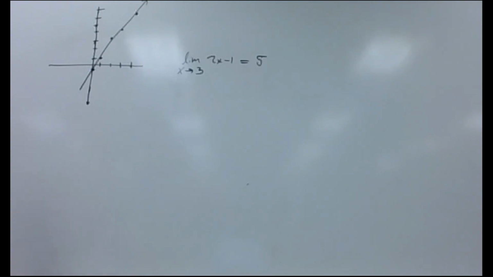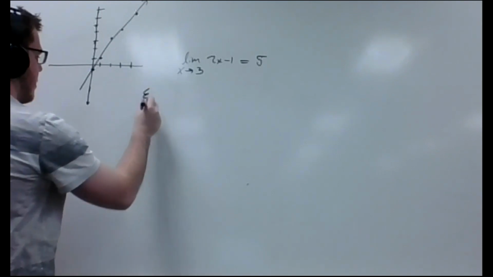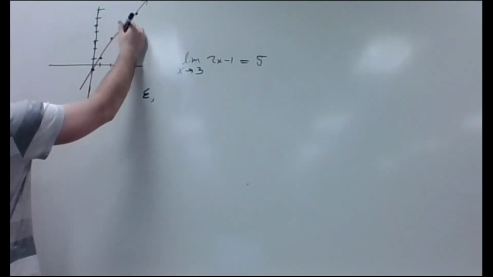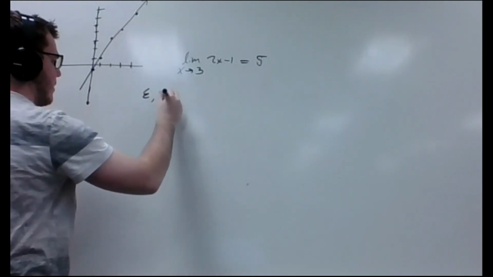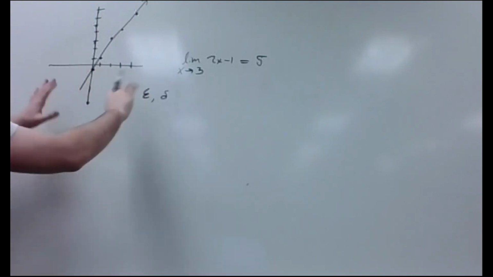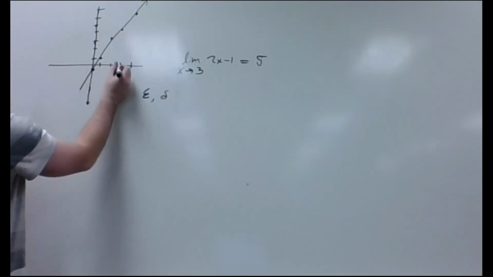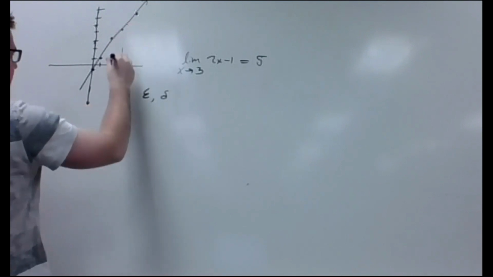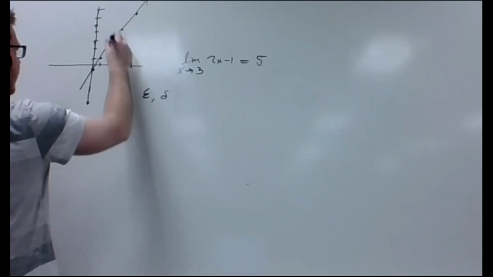But epsilon itself is a small change in the y direction, and delta is a small change in the x direction. So saying at this limit at x equals 3, there's going to be some bounds.